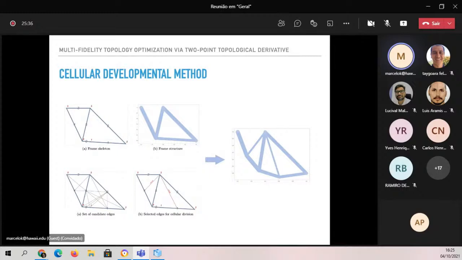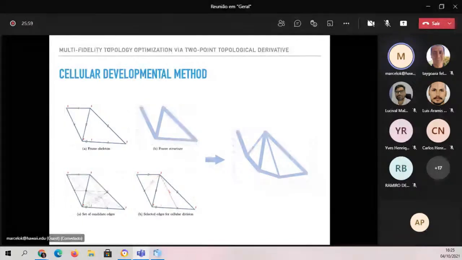After that, I apply the finite element method to do the analysis. And when I have the analysis, I have the information I need to calculate the 2-point topological derivatives. And then I apply those 2-point topological derivatives to a set of candidate edges that you can see here on the bottom left. And then I choose the best ones that you show on the bottom right to then affect the division.